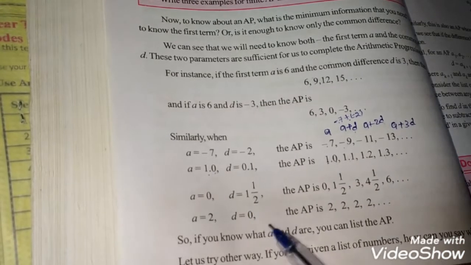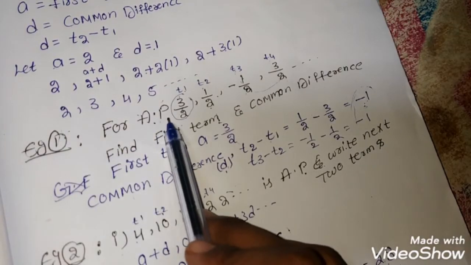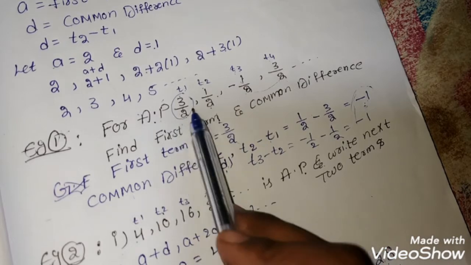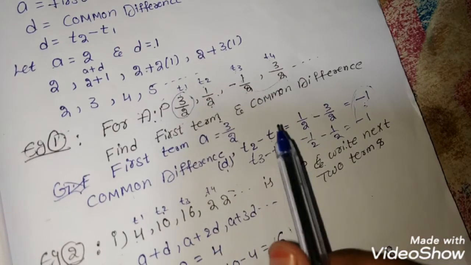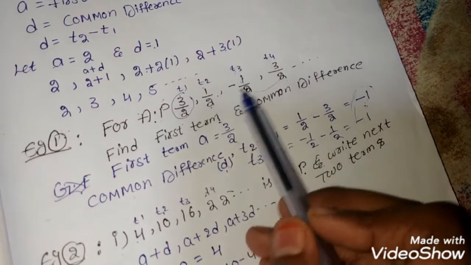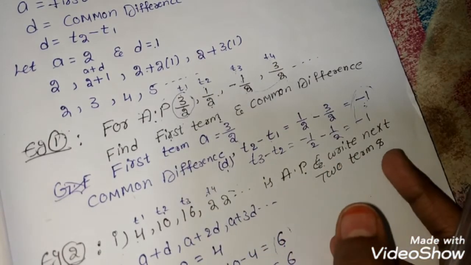You can check each and everything here. Understand? This is example 1 for arithmetic progression. So the given question is an arithmetic progression, that is, the common difference is the same. The common difference is a constant term. So what do we have to find? We have to find the first term and the common difference here.